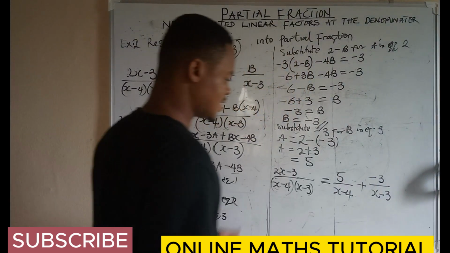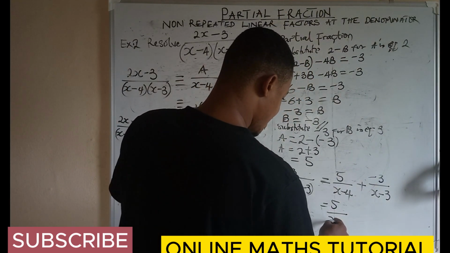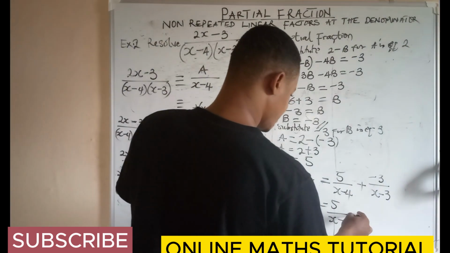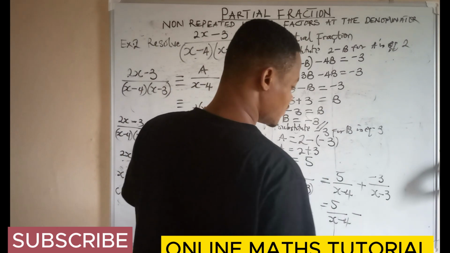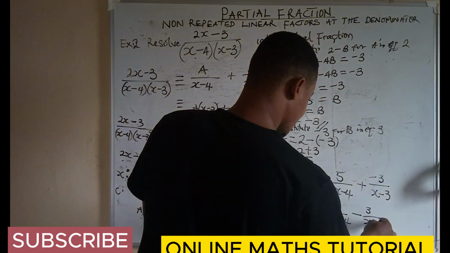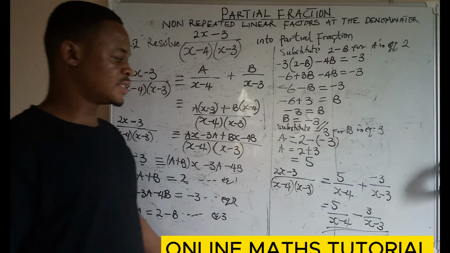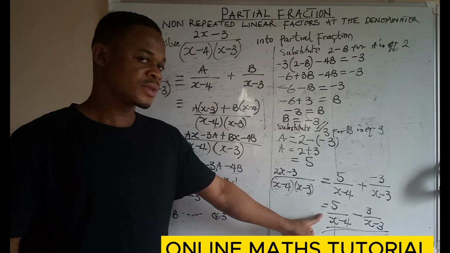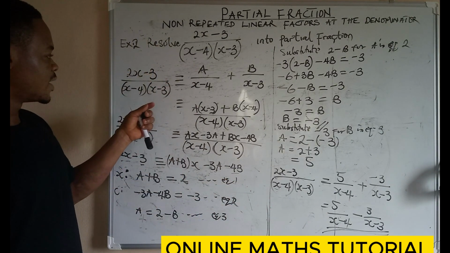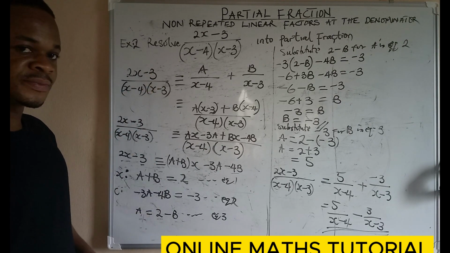So this can be written as 5 all over x minus 4, minus 3 all over x minus 3. So this is the partial fraction for 2x minus 3 divided by x minus 4 into x minus 3.